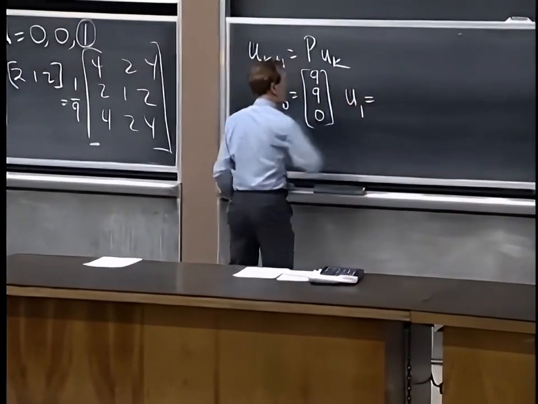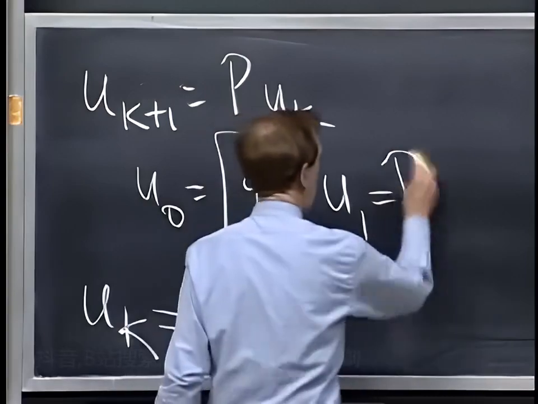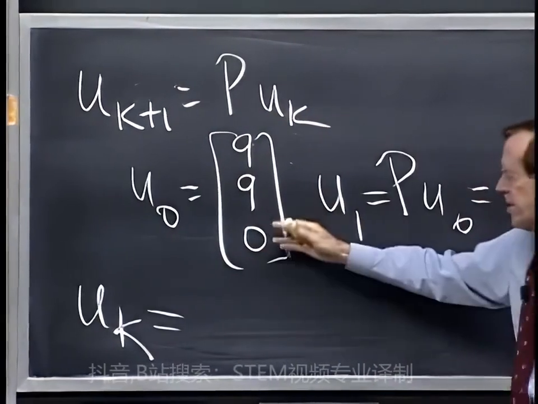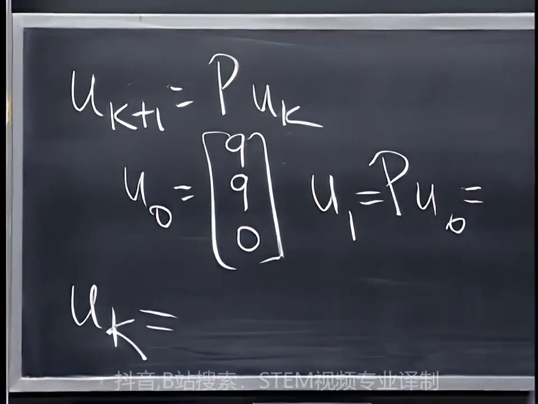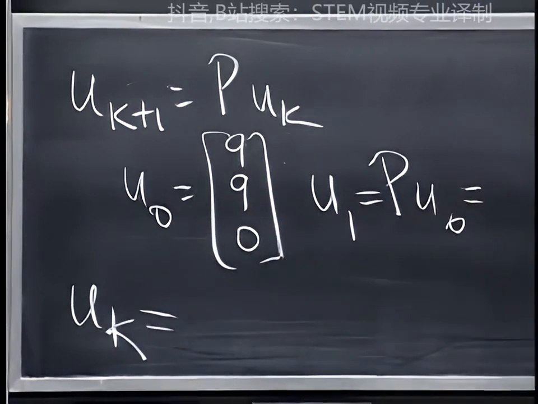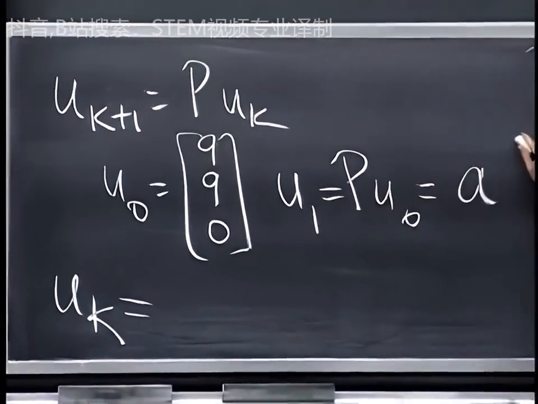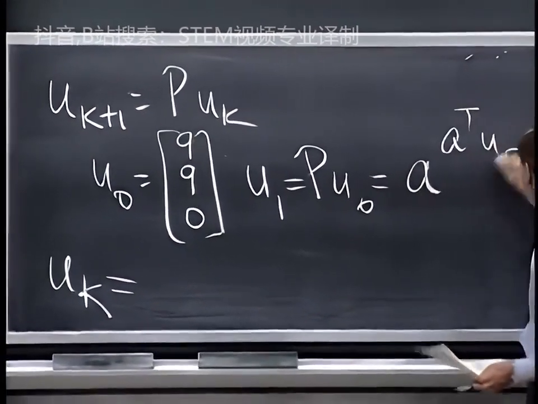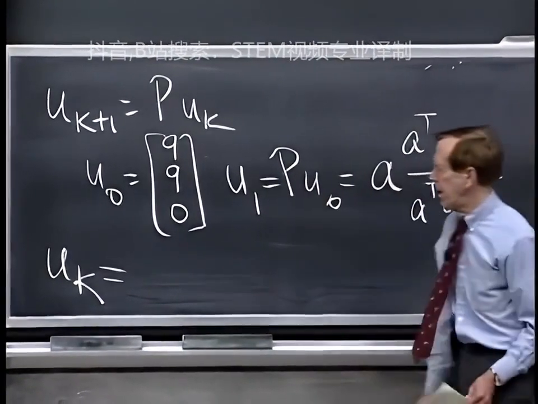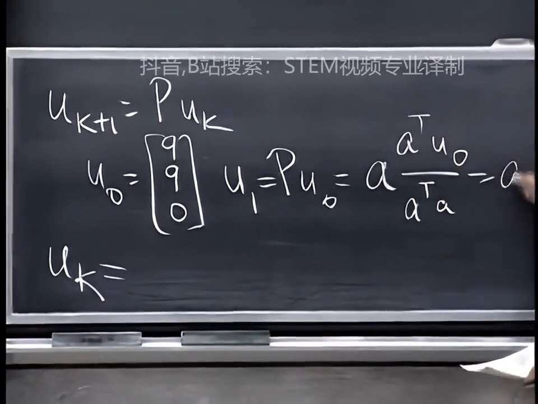U1 is PU0, of course. If I do the projection of this vector onto the line, this is like my vector B now that I'm projecting onto the line, I get A times A transpose U0 over A transpose A. In one way or another, I just do this multiplication.